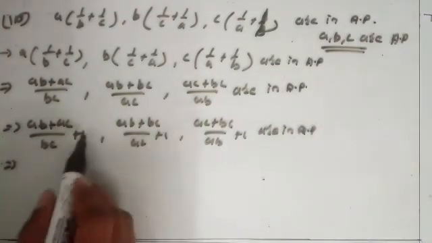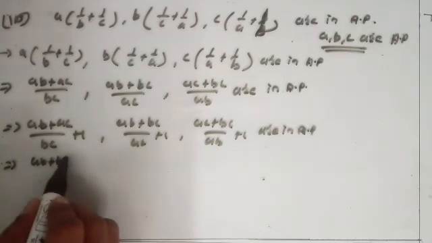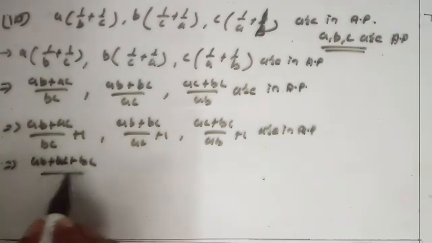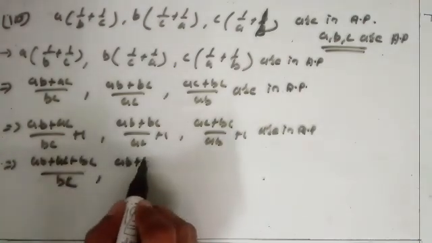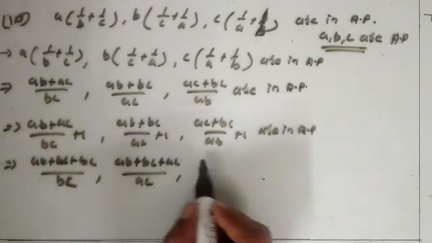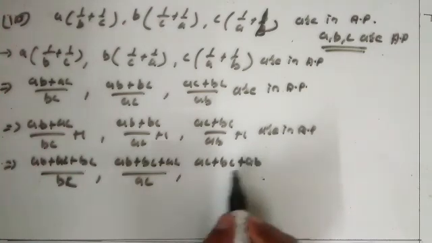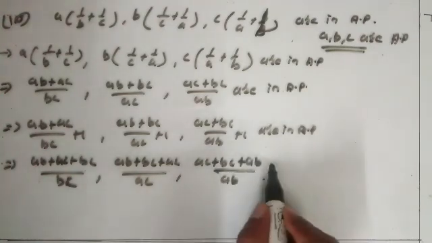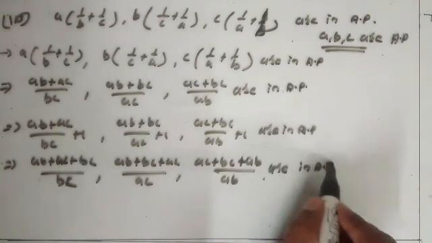This implies, taking the LCM, (AB plus AC plus BC) upon BC, (AB plus BC plus AC) upon AC, and (AC plus BC plus AB) upon AB are in AP.